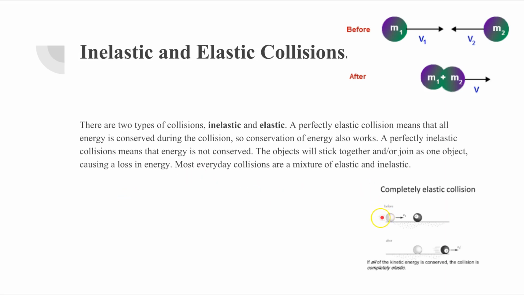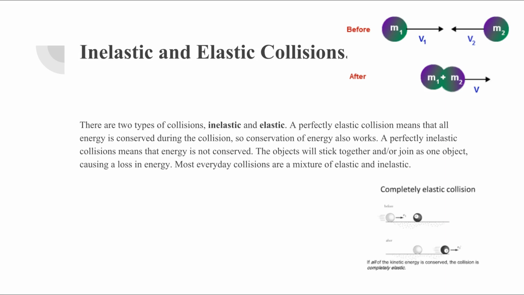Right here, this white ball, the striker ball, if you're talking about a pool table, will go with the velocity v1. Then momentum is conserved, but this stops, and the other ball will go at the same velocity v1. This is an example of an elastic collision. They just collide without any friction or sound energy or heat energy. All energy is conserved.